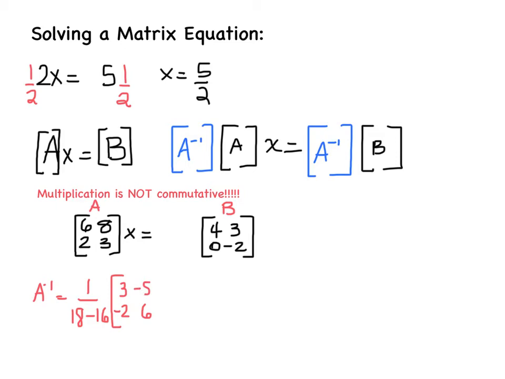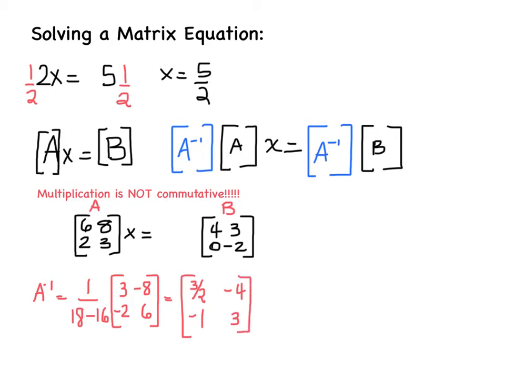Switch the forward corners, just change places and change the signs on the backwards corners. Okay, so this is 1/2 times these, so my inverse is going to be 3 over 2, -1, -4, and 3. That's my inverse.